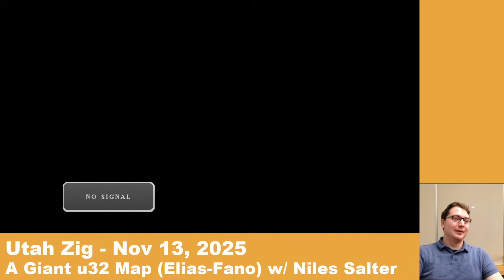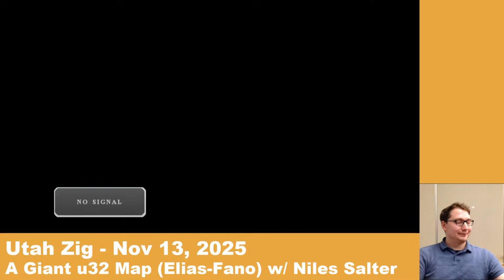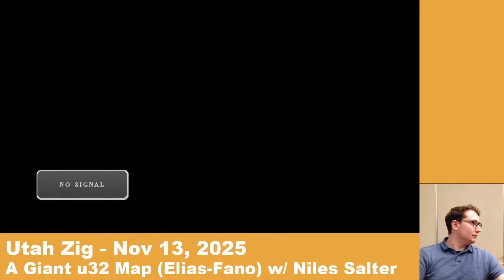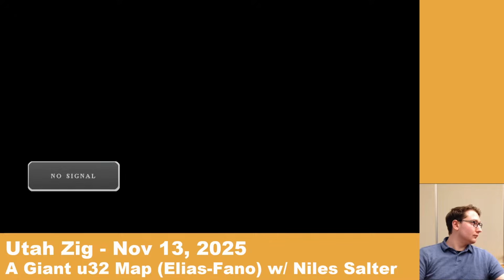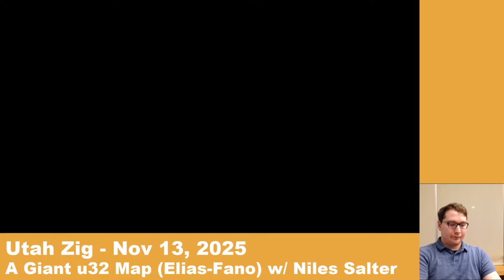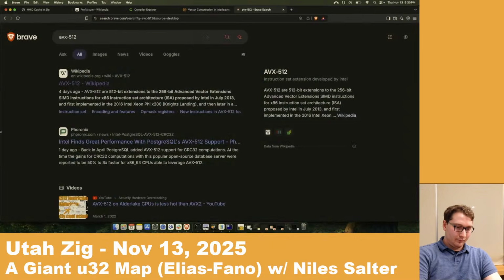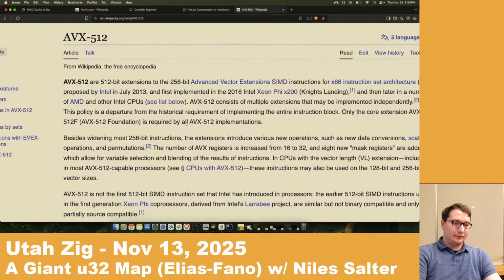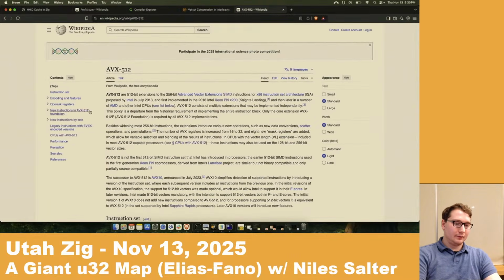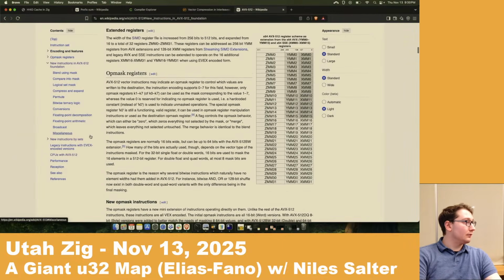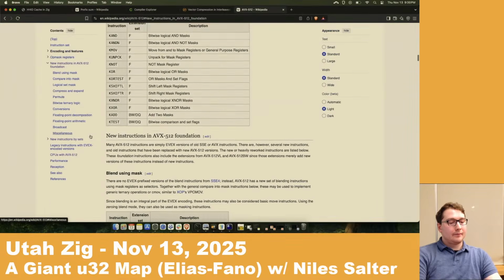Cool. Okay. I know you've shown this last time in another talk, but how are you finding all the instructions for the CPU that you're configuring? I understand using it for the Elias-Fano, but let's say I had a Microsoft ARM, how could I look up the list of instructions for that?